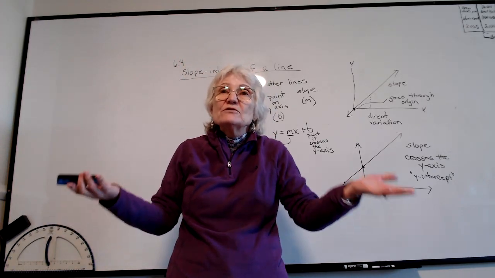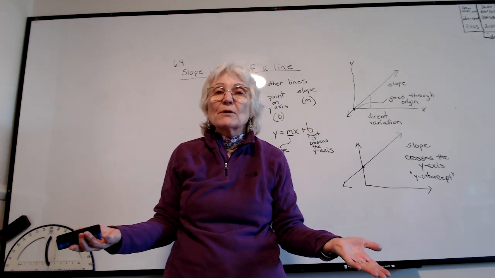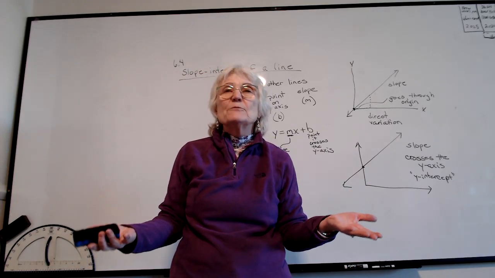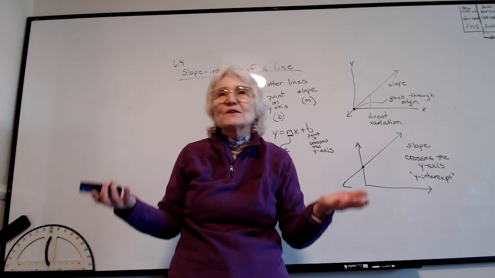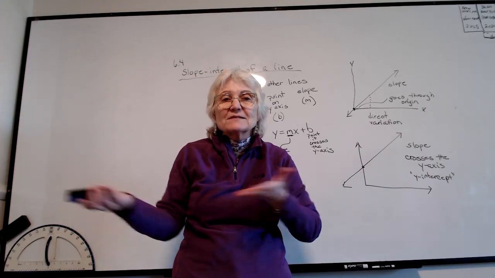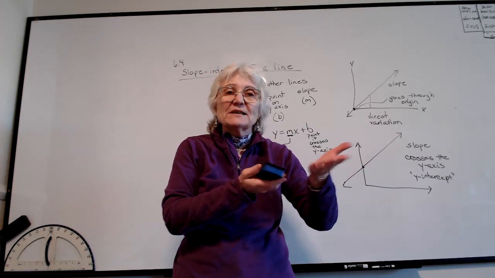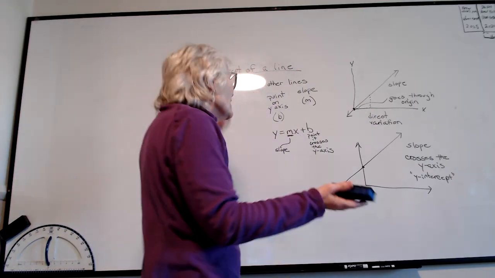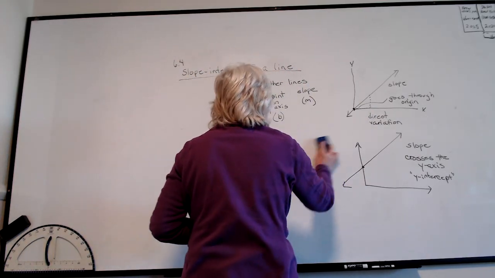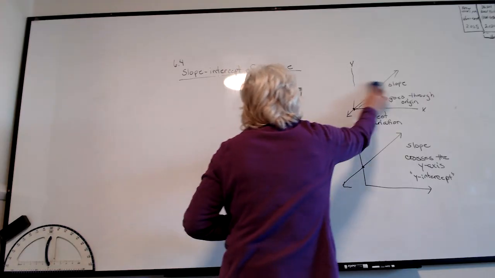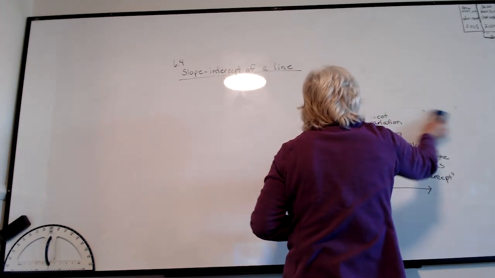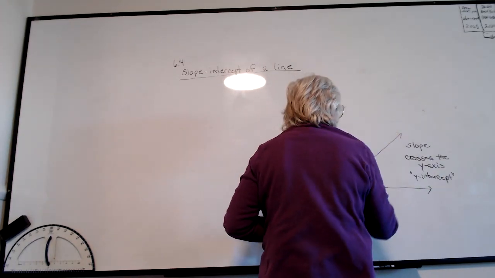Or we've graphed 2 different price schedules, and we see where does it make sense for us to use this schedule, or where does it make sense to use this schedule, depending on what your slope is and where you start.